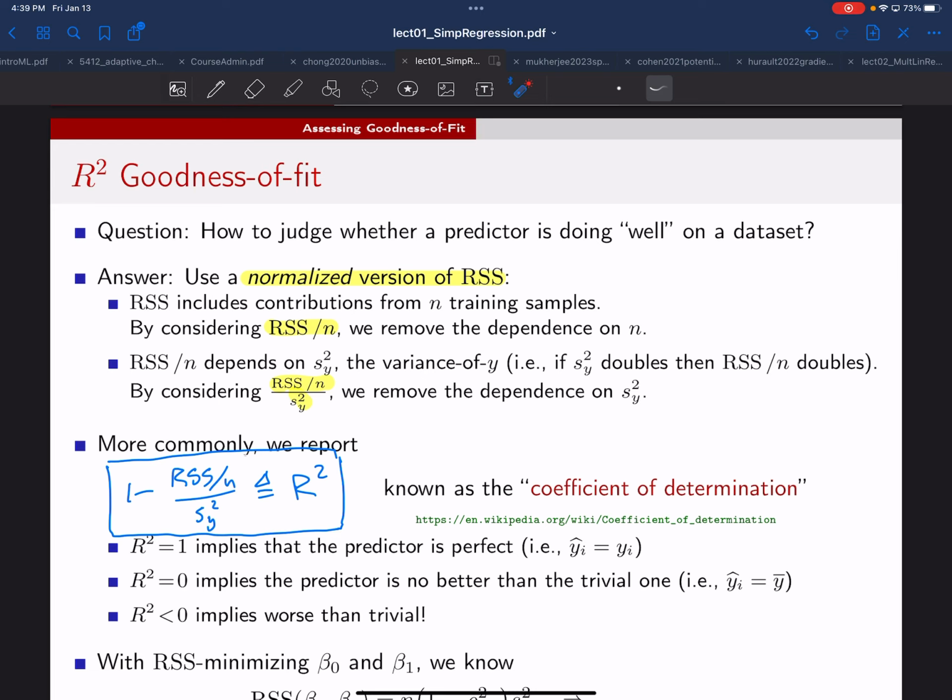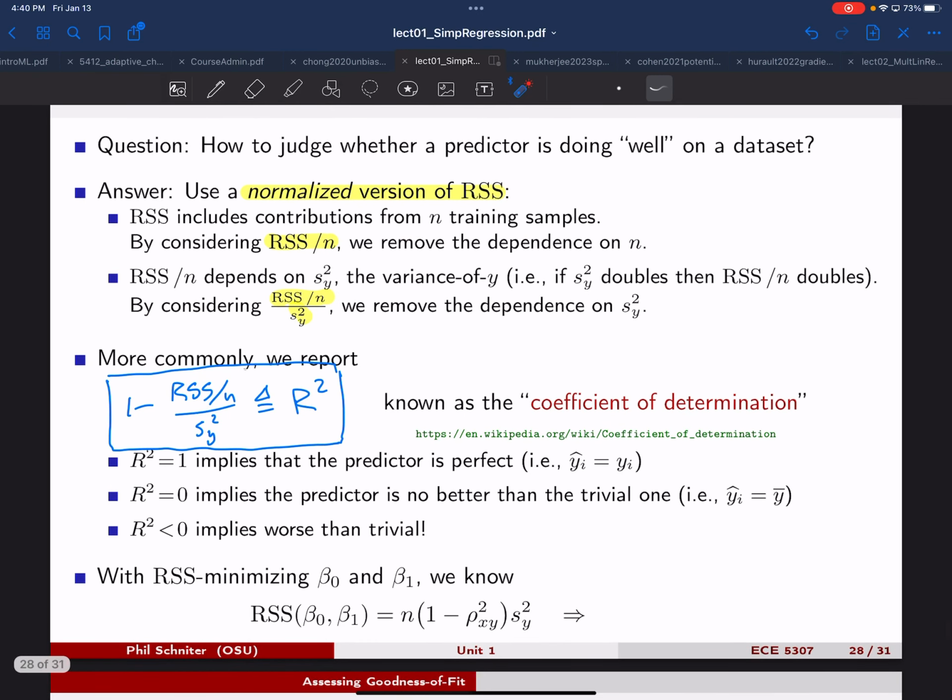Okay, what about this value R squared equals 0? Obviously this is not something that we hope happens, but in some sense it's okay. There's a couple ways to understand it.